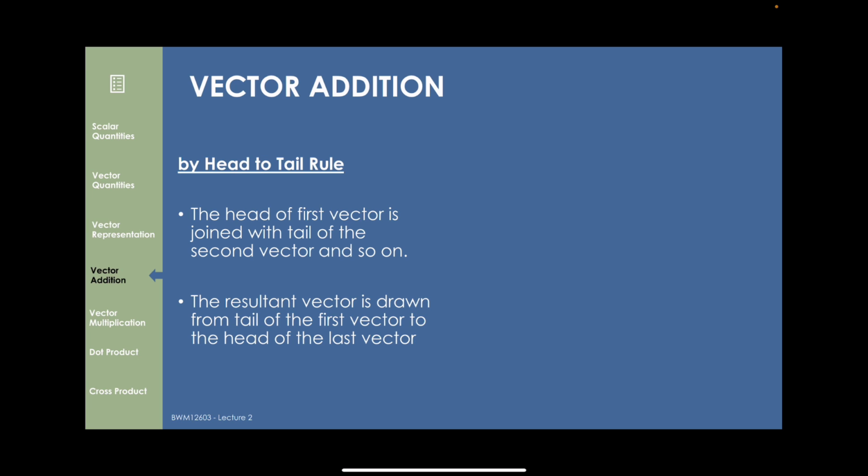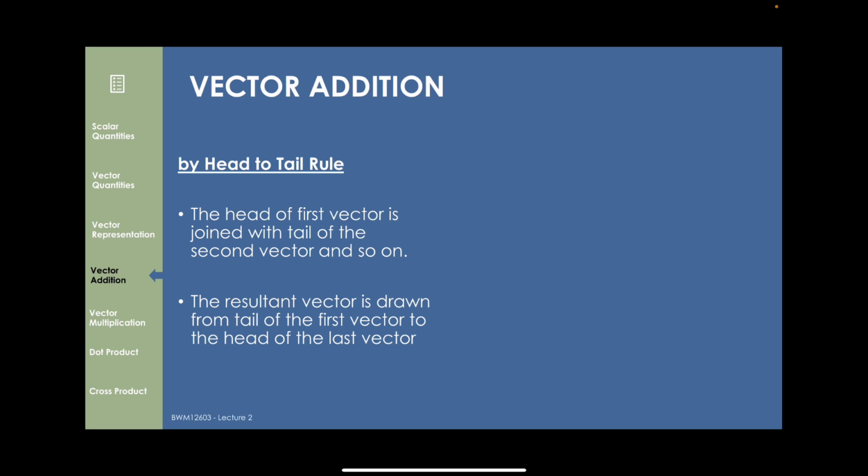without altering the length or direction of those vectors, we join them in such a way that the head of the first vector joins the tail of the second vector, or in other words, we draw the second vector on the head of the first vector. And what is the result?